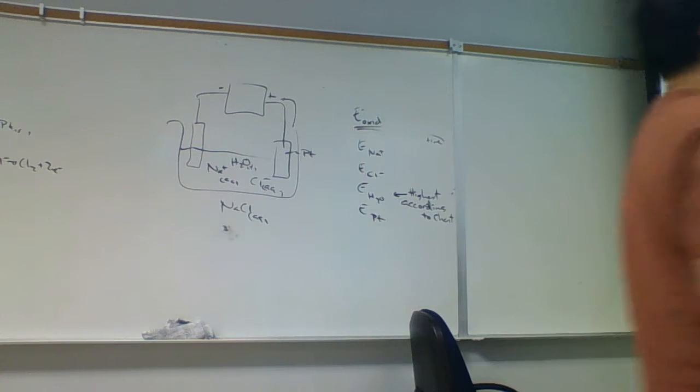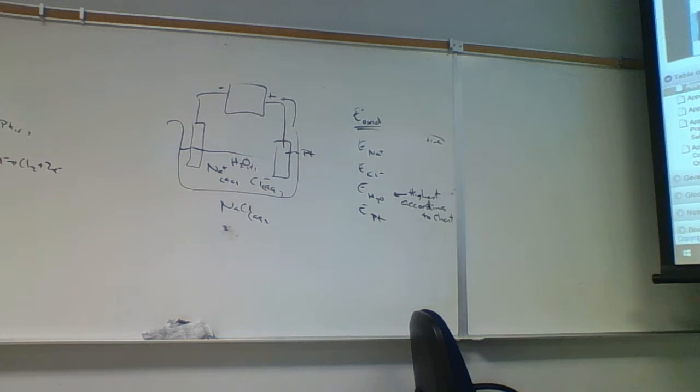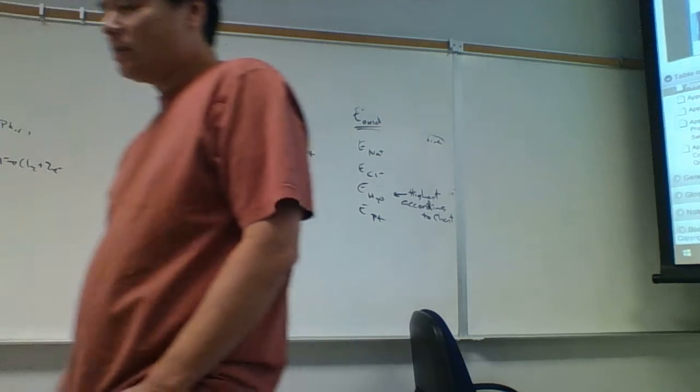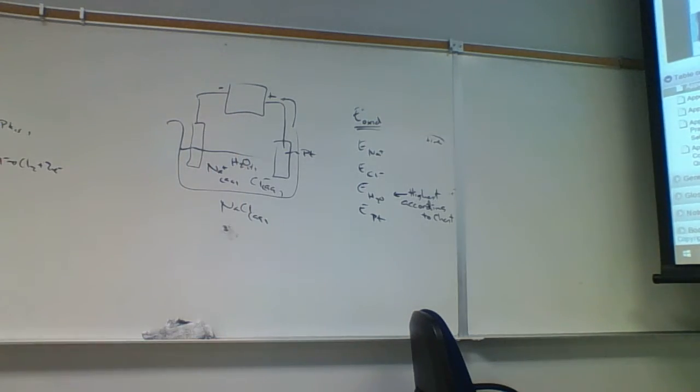But there's not a huge difference. There is a significant difference, but it's not huge between water and chloride. But in order to oxidize water, a lot has to happen.